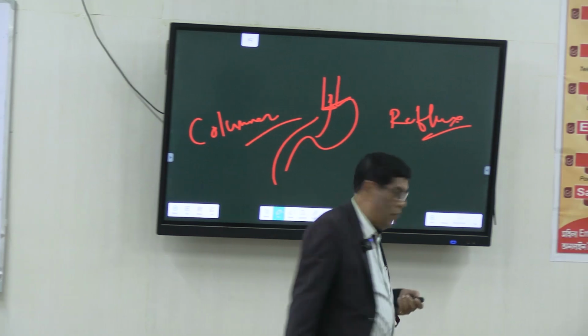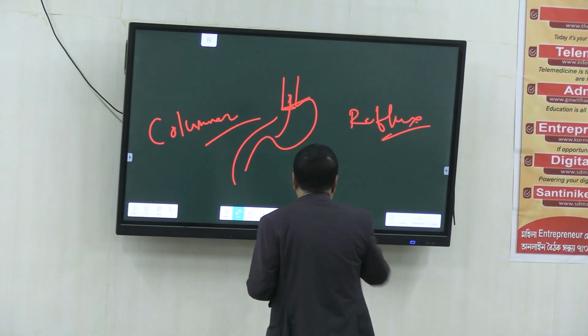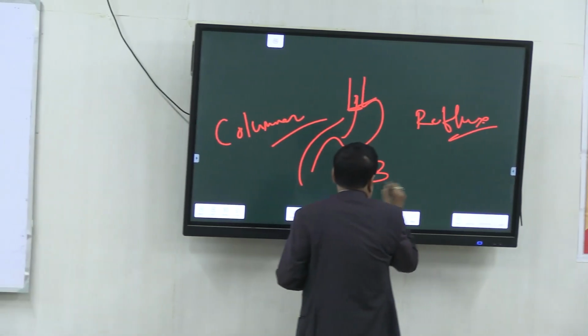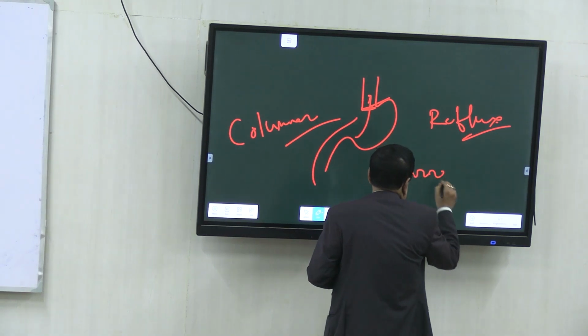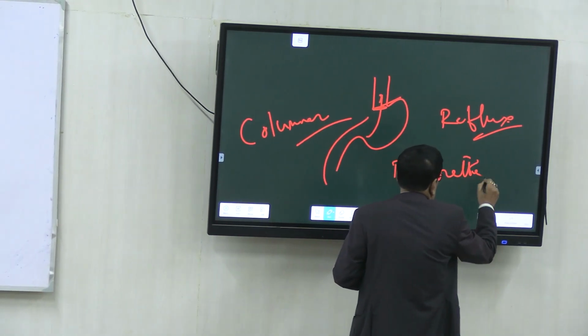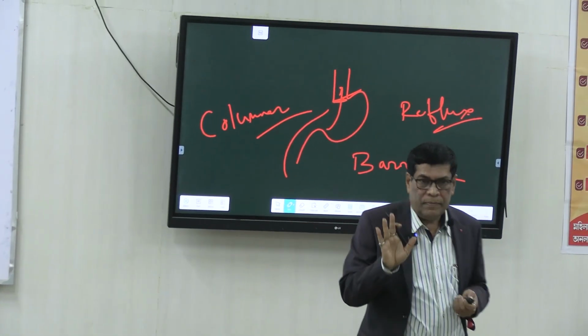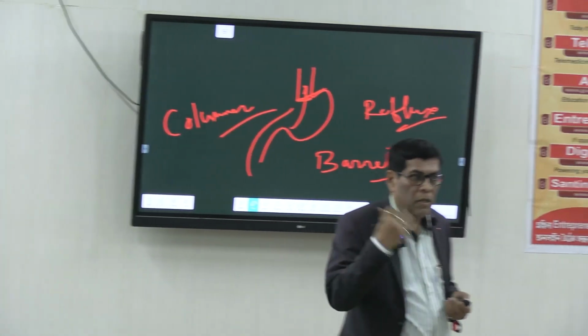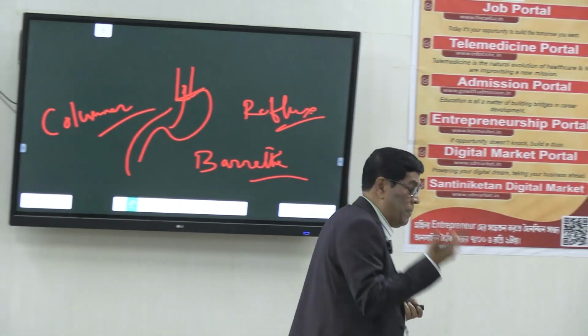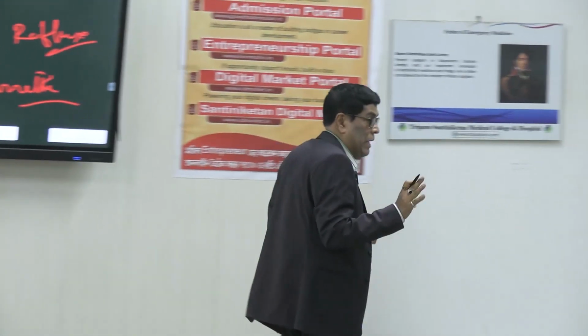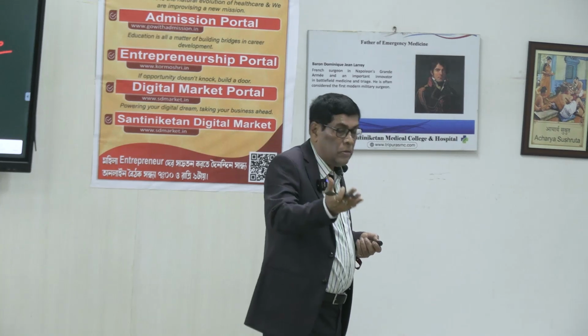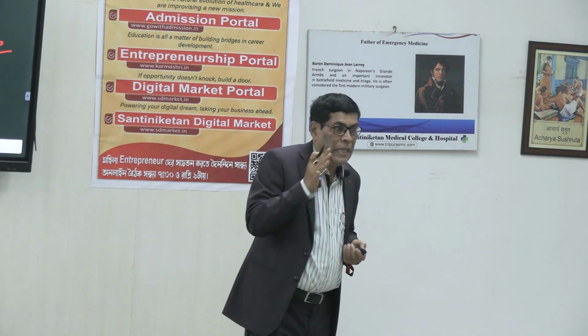The characteristic of this conversion is called your Barrett esophagus. Alright? Is it clear? Barrett esophagus. You will be knowing later on. This Barrett esophagus is likely to change to cancer. This is a pre-cancerous state.